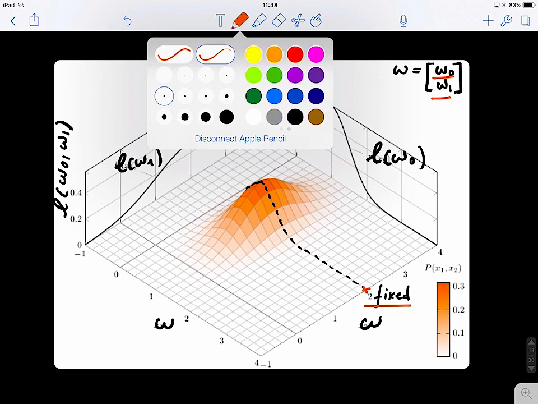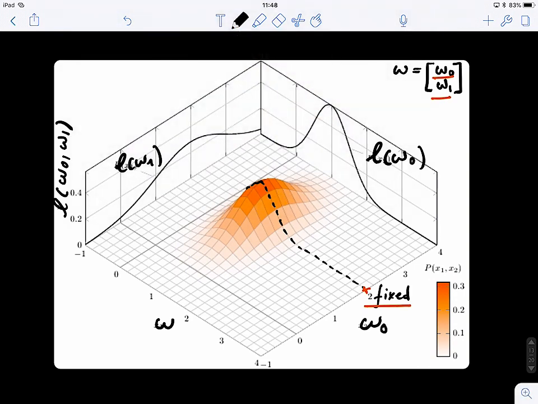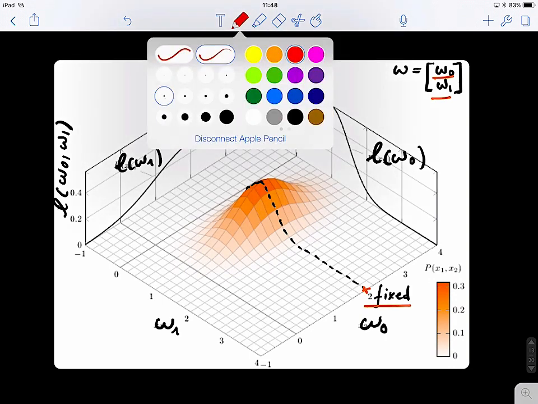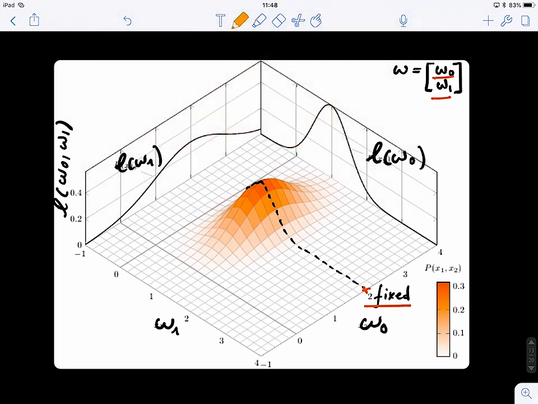So here we have dimension 1, dimension 2, or feature 1 and feature 2. If we fix one feature, we can see how the loss function changes across the second. If we fix this one, we can trace its changes along the second dimension.